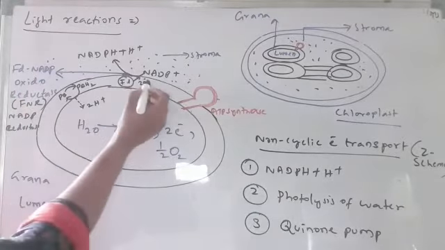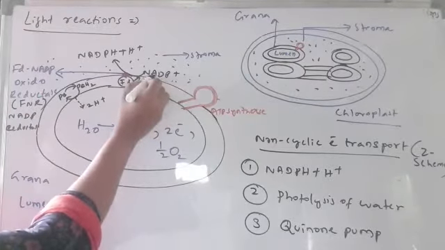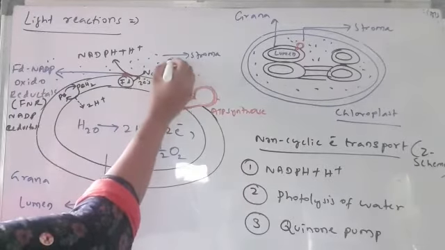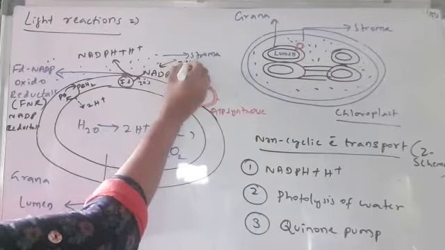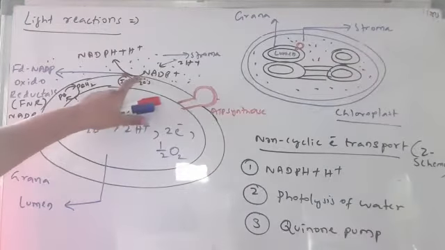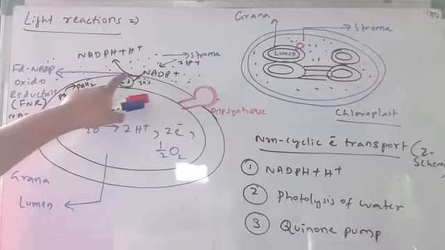Now after accepting the electrons, NADP+ got reduced. This NADP+ takes 2 protons from the stroma. NADP+ is attached to the outer side of the membrane, and FNR is also attached to the outer side of the membrane.